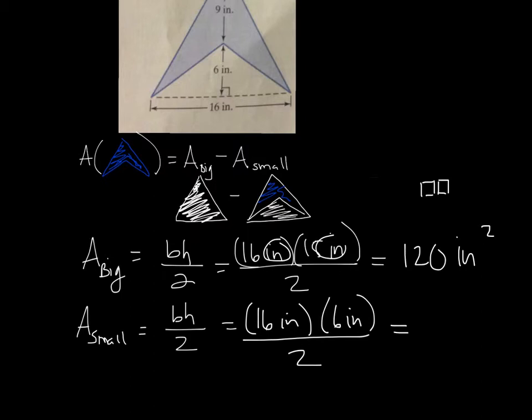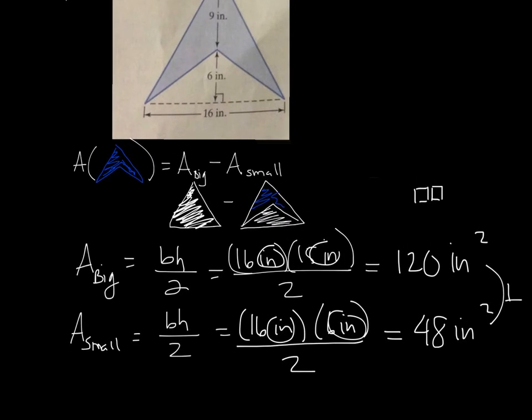Then we have 16 times 6, so I'm just punching this into the calculator. I get 96, and then I cut that in half and get 48 square inches. And then I'm going to add these, well, actually, no, I'm not going to add them. I'm going to subtract them because I want what's left over.